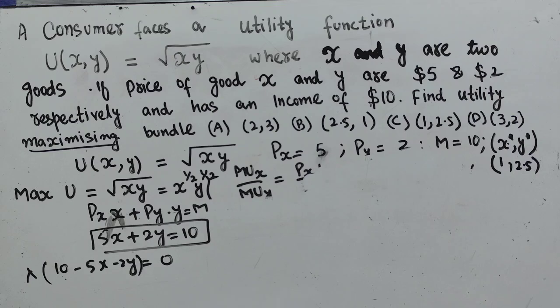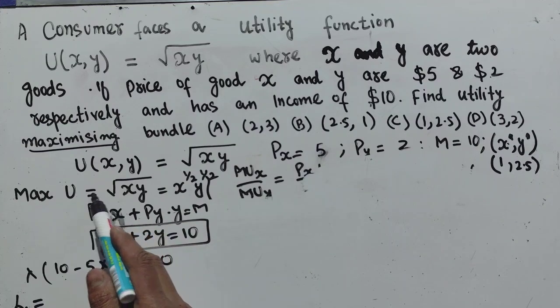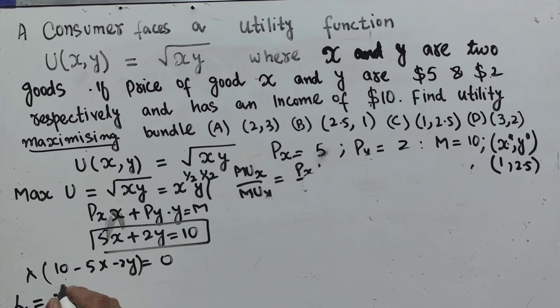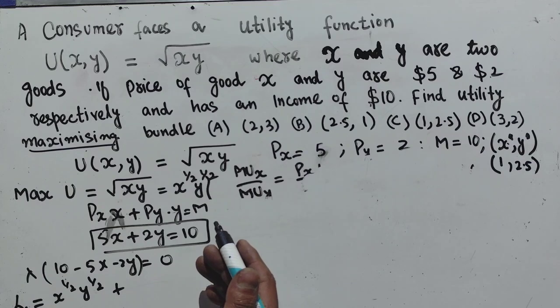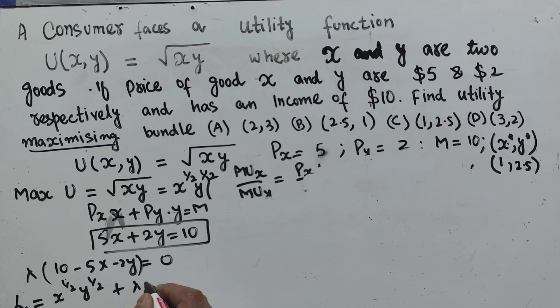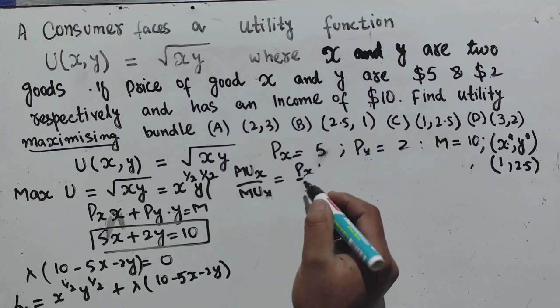When we solve it using the Lagrange function, we form the Lagrange function, which is equal to our utility function, x raised to the power 1/2 times y raised to the power 1/2, and to this we add the resulting constraint function, which we formed by first setting it equal to 0 and then multiplying by lambda. So we add this, that is lambda times 10 minus 5x minus 2y. This is our Lagrange function.